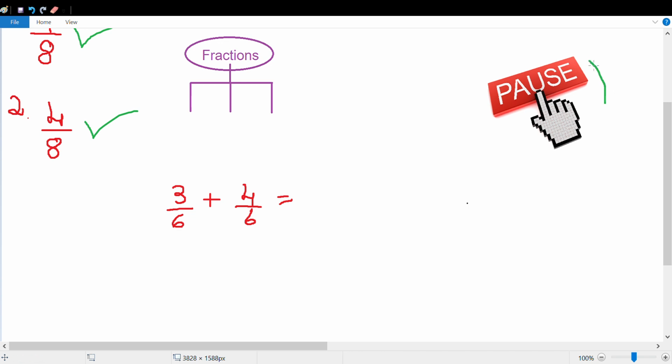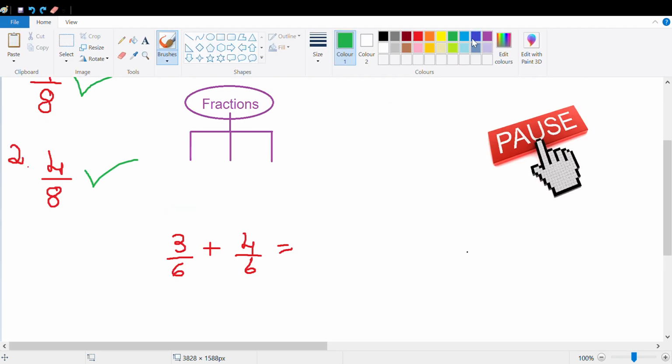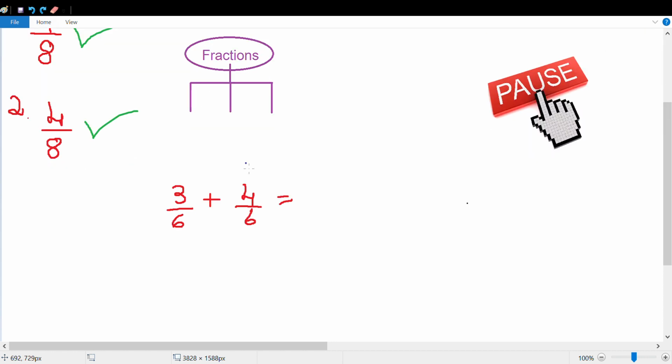Have a go and pause it right there. Oops, the circle is clumsy. Have a go and pause it right there. Are you done? Good. So our answer is 7 by 6.